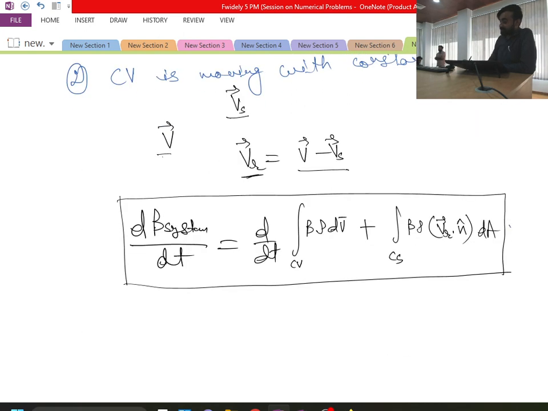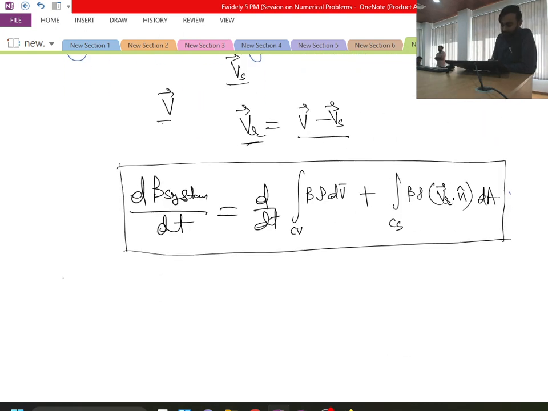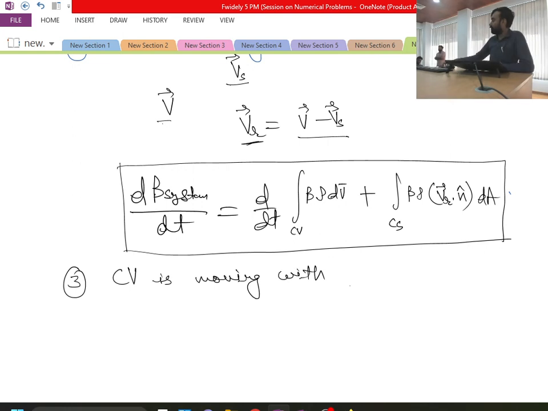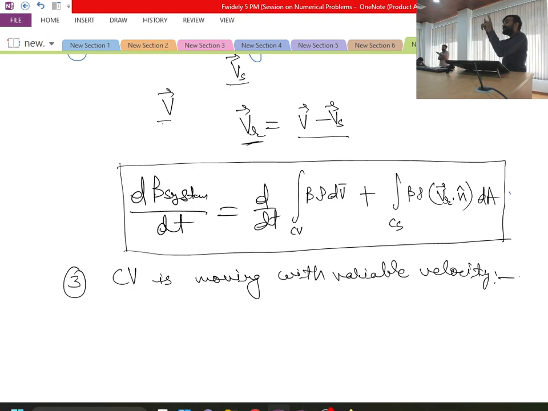Now let's consider that third case. The CV is moving with what type of velocity? The CV is moving with variable velocity. So what I am saying once again is that my control volume is of fixed shape.